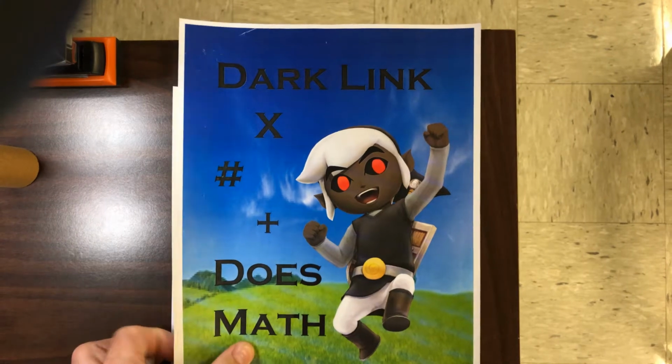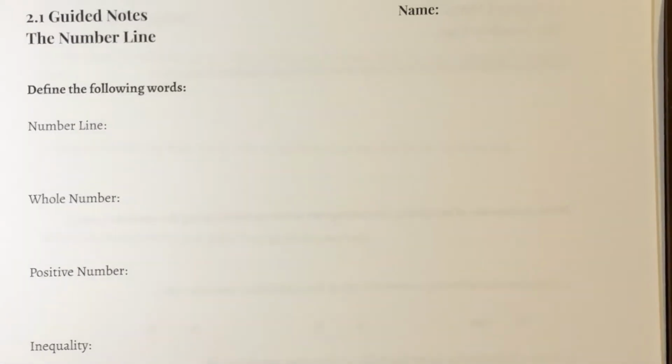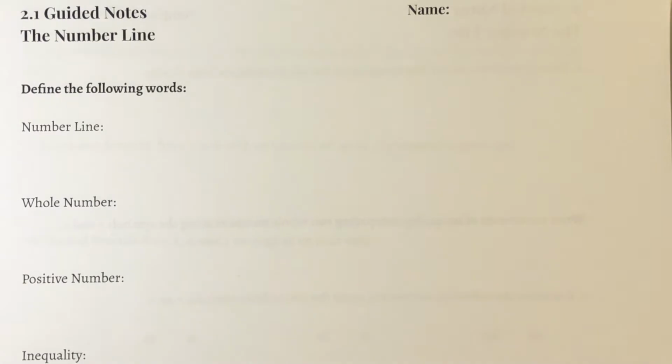So today, we're going to be going over lesson 2.1, which covers number lines. So we have 4 vocab terms. Our first one is number line.